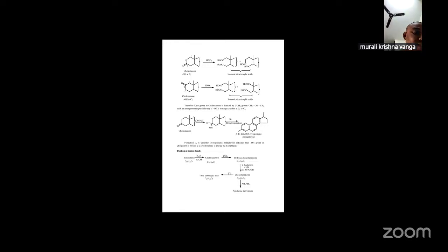Reduction of this hydroxycholesterol dione with zinc in acetic acid forms cholesterol dione. The tertiary alcohol is lost as a water molecule. This cholesterol dione undergoes oxidation to give a tetracarboxylic acid with 27 carbon atoms.